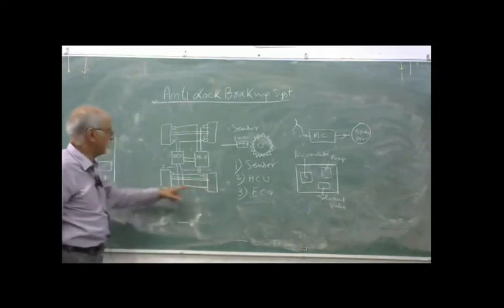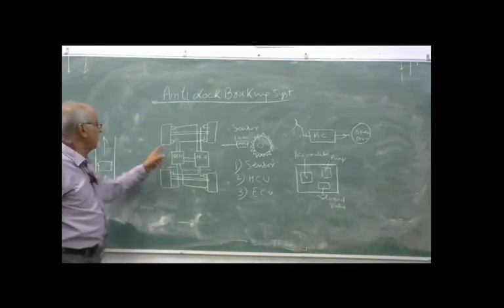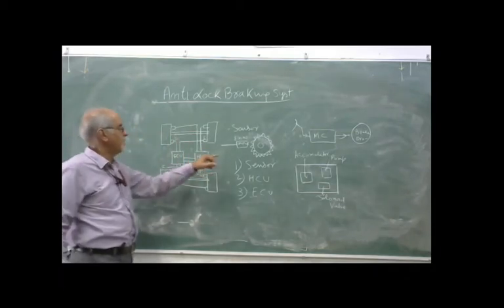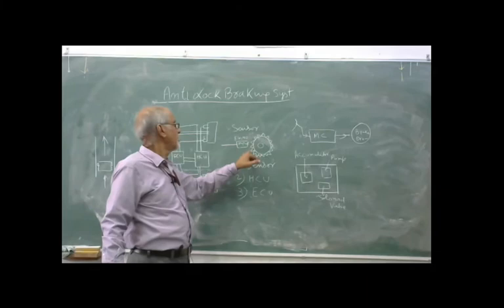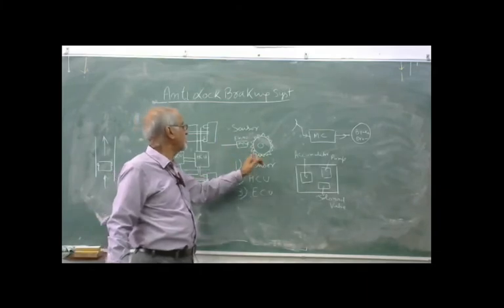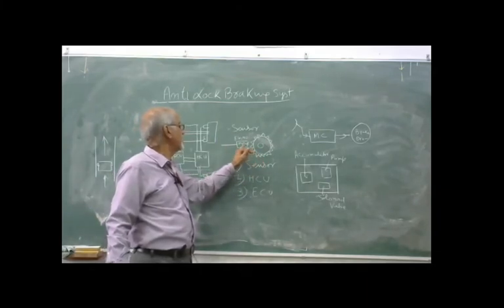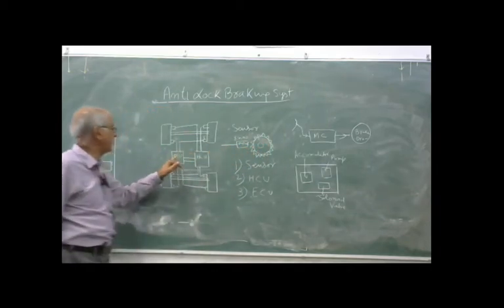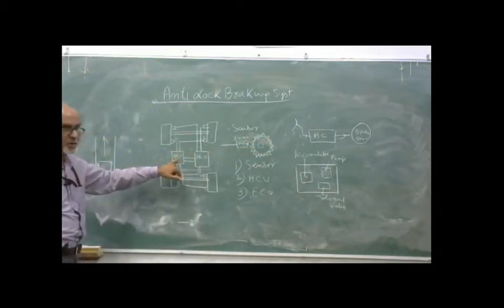We have four sensors at four wheels. So when the brake is applied, the wheel comes to a standstill and immediately the sensor reads the motion of this wheel and passes it to the electronic control unit.